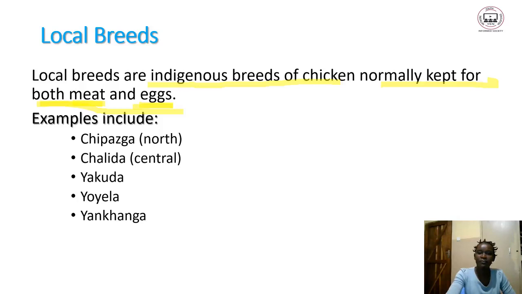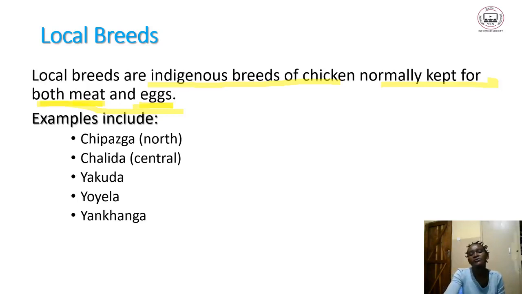So by the way, here in Malawi we have several local breeds, different types of local breeds. Of course, the names they are called depend on the area we're coming from. We have north, central, south. The same breed sometimes, in terms of naming, it may be different.